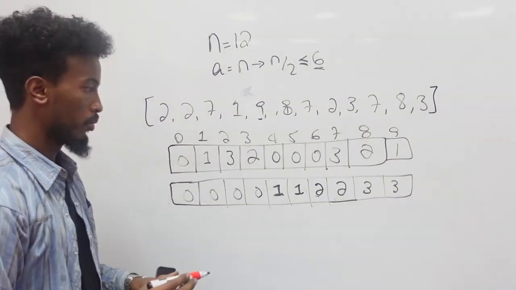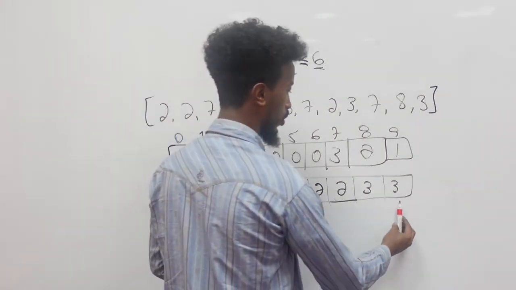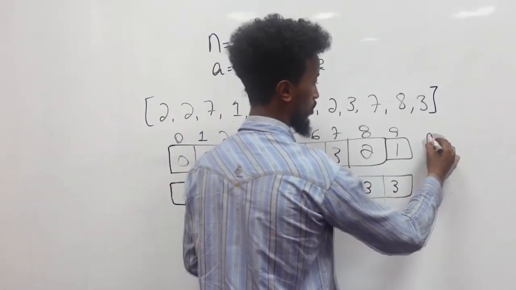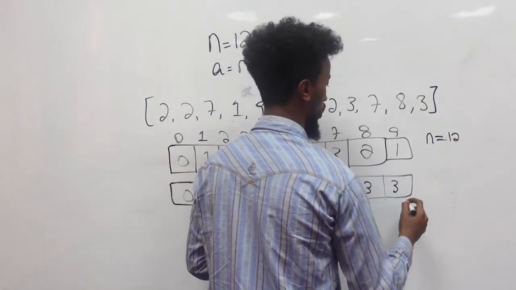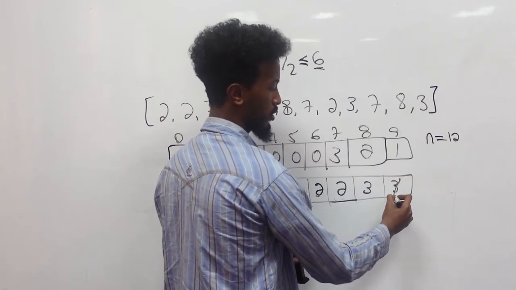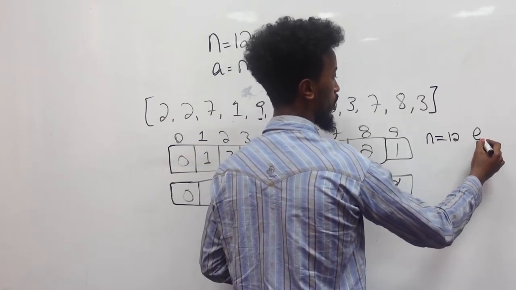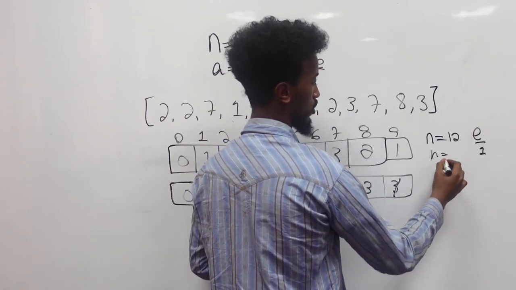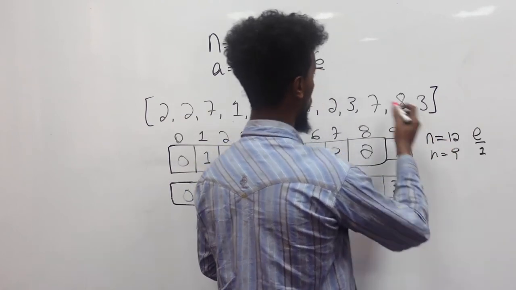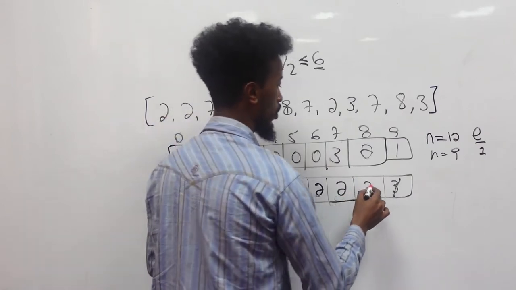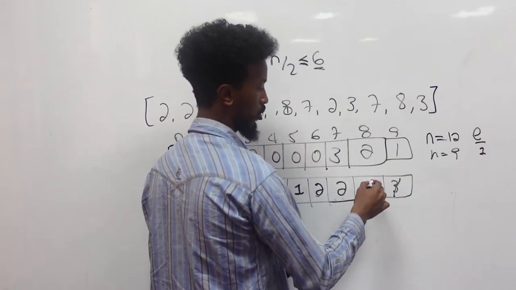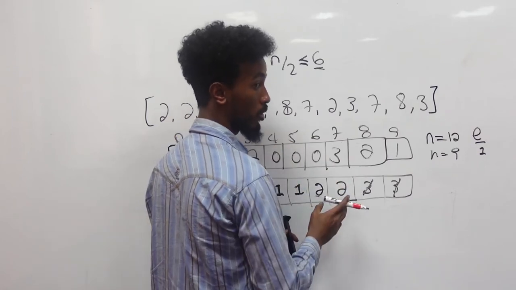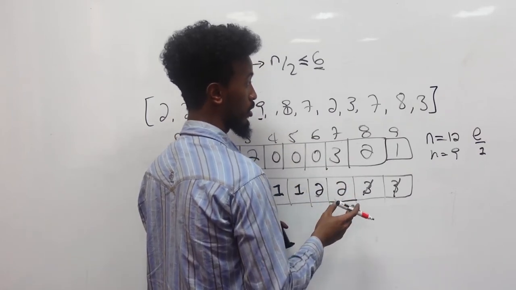For this one, we will start from the bigger occurrence and remove it. So our size is n, and it was 12. After removing this one element, n becomes 9. Still, we didn't reach our goal. We move to the next larger occurring element and remove it. It doesn't matter which number we remove, our goal is to decrease the size.